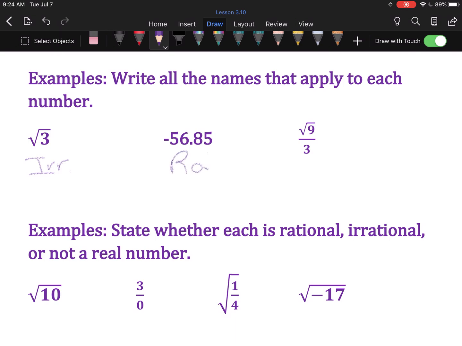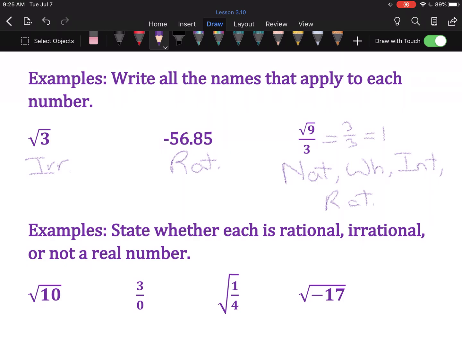That means it is rational, RAT. Root 9 thirds. Root 9 is actually 3, and 3 over 3 is 1. So you've got to do a little digging here to find out what kind of number that is. 1 is a number I count with, so it's natural. But if you're natural, that means you're also a whole number, you're also an integer, and you're also rational.